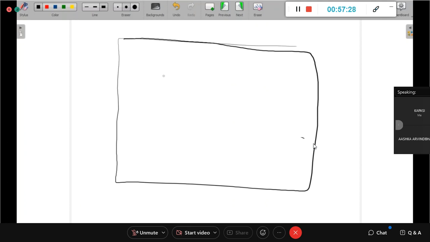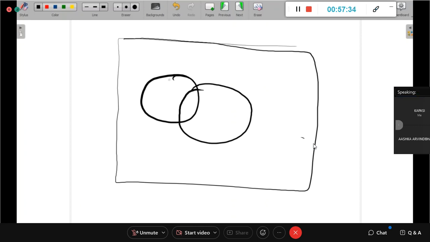If you try to understand it by a Venn diagram, it's very simple. You have two sets, A and another set B. This is A and this is B, and this is nothing but A intersection B, which is common between them.